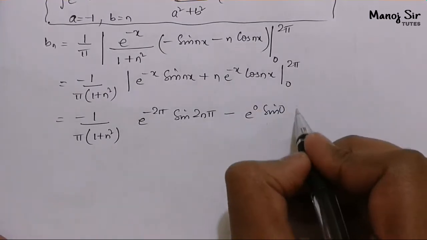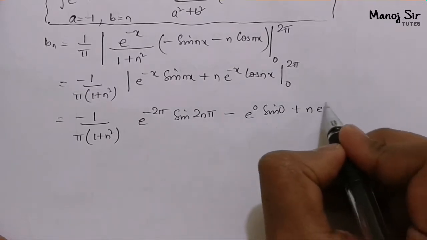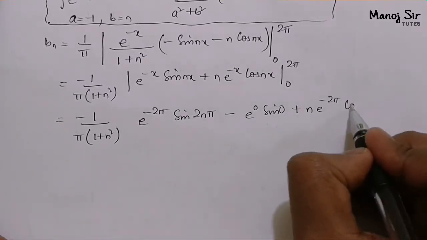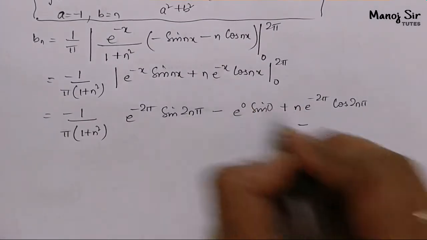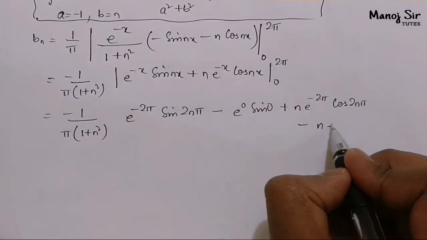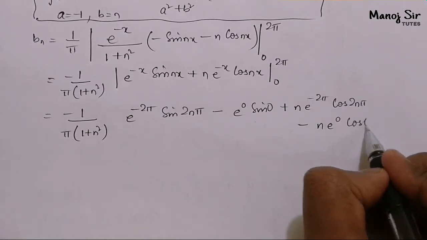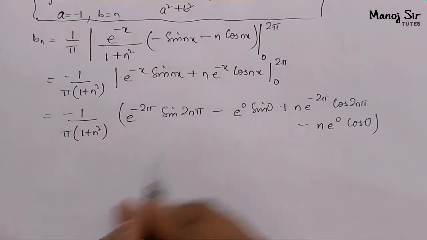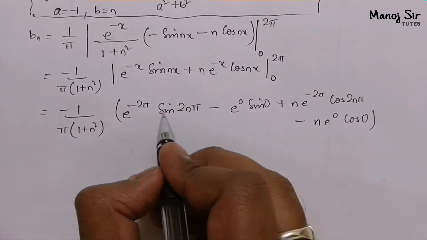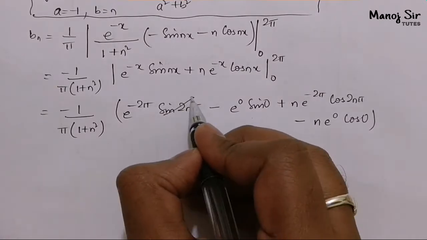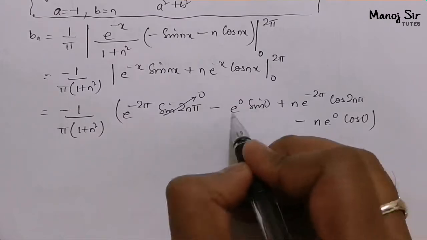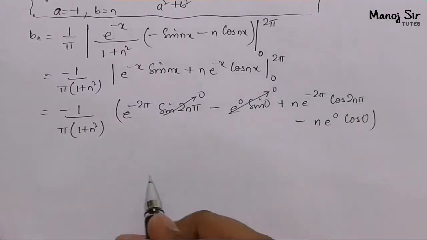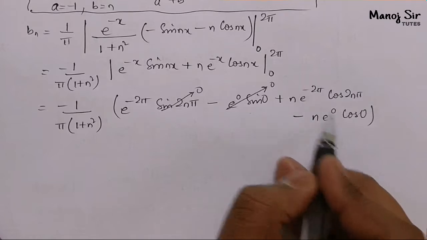Now come to this part, put upper limit, n into e to the power minus 2 pi cos 2n pi. Now put lower limit, that is n into e to the power 0 cos 0. Since sine of 2n pi is 0, this part becomes 0, and sine 0 is also 0, so this part is also 0. We are left with only two terms.